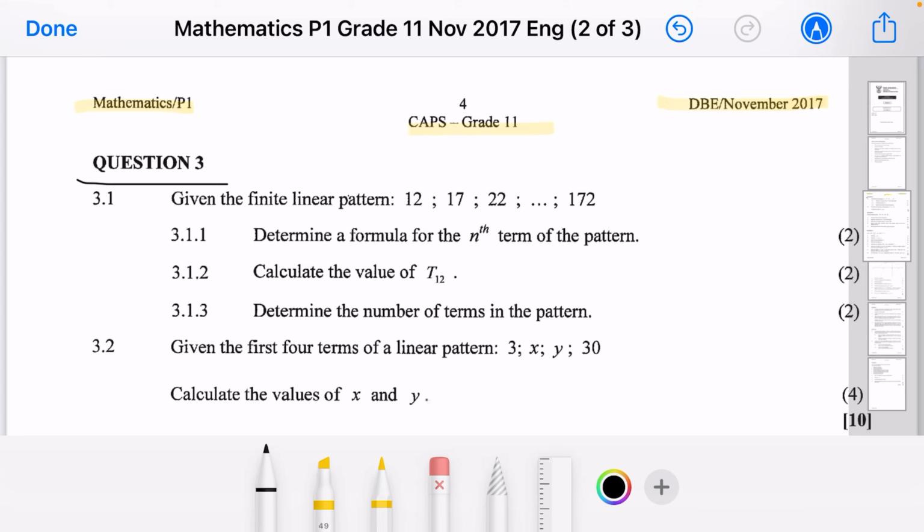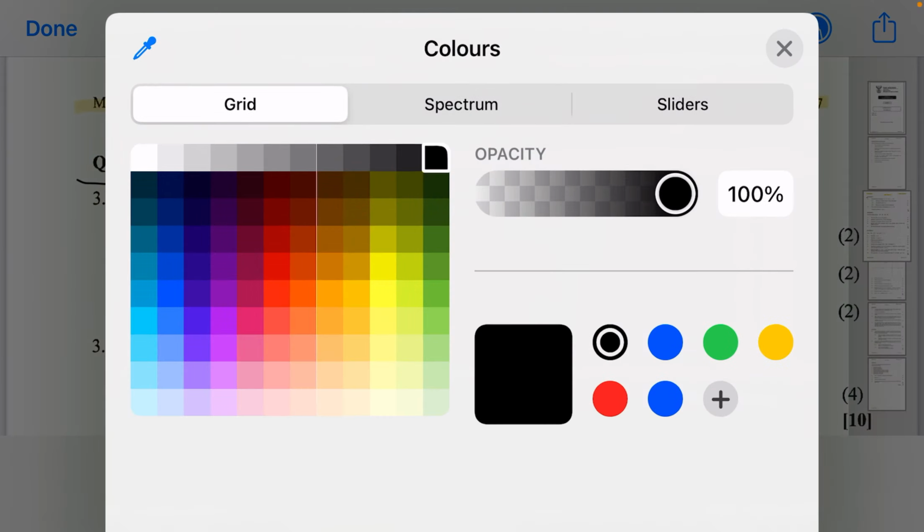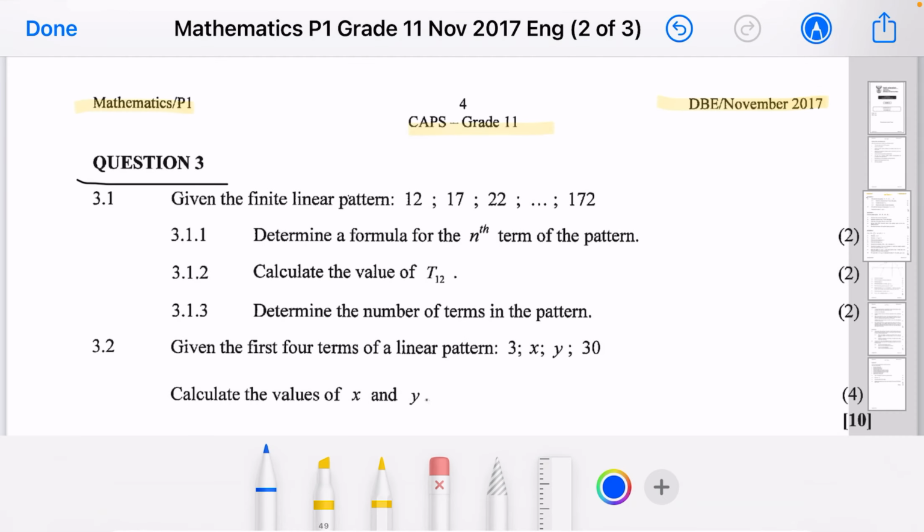I'm just going to quickly read through the given information, but let me change the color and use a different color. So ladies and gentlemen, question 3.1, we're given the information over there. I'll quickly read through it, and then from there we should be able to see how to approach those questions.